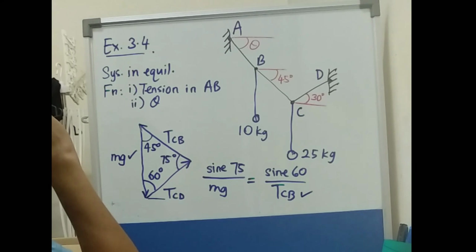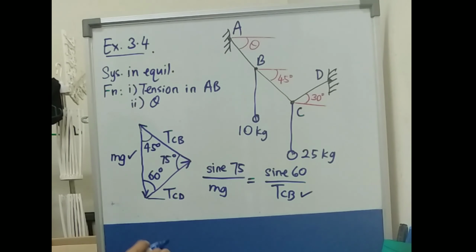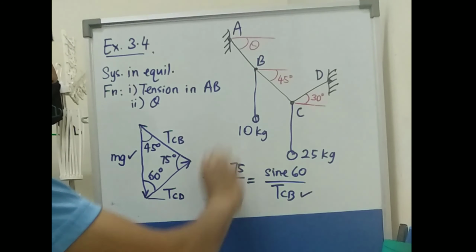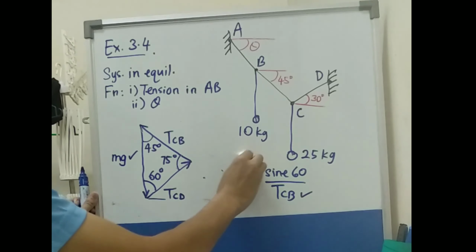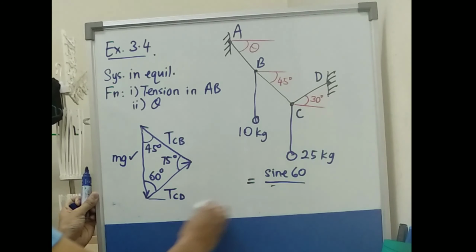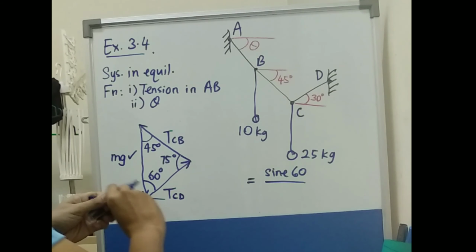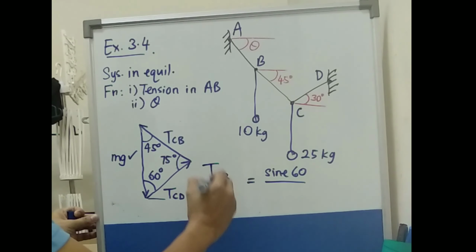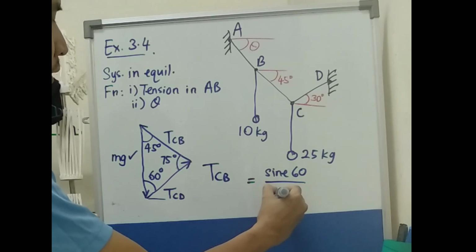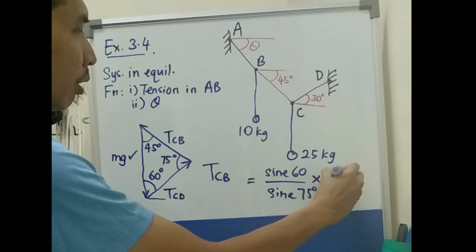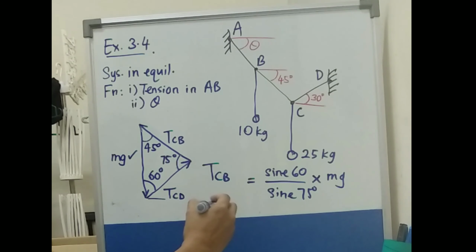Just rearrange, and you will get TCB equal to sine 60 over sine 75, times mg. So you can solve for TCB.